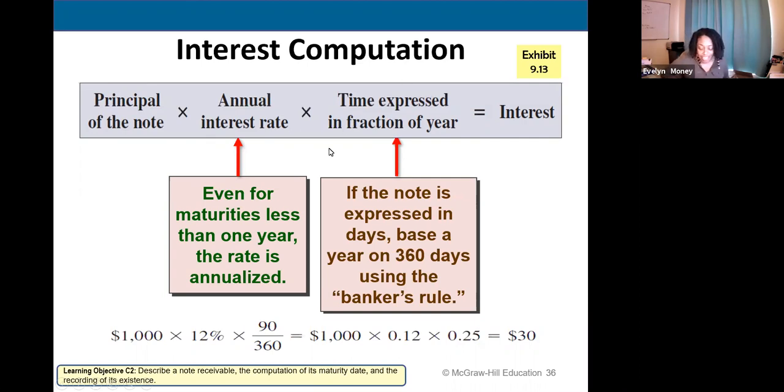Yes, I know there are 365 days in a year, but we use 360. It's the banker's rule. It makes life easier because sometimes there's 366 days in a year, so we just use 360. On this particular note, the amount of interest ends up being $30. So when the customer pays us back, they're going to pay us $1,030.